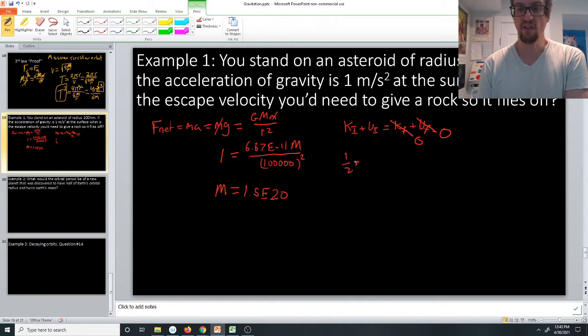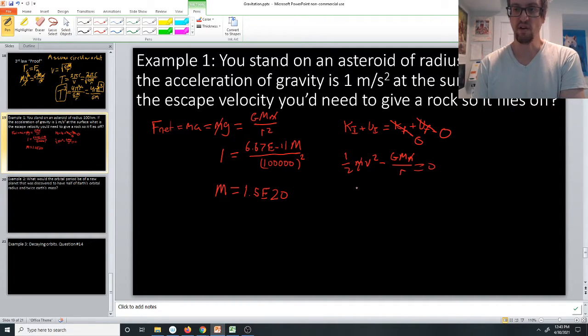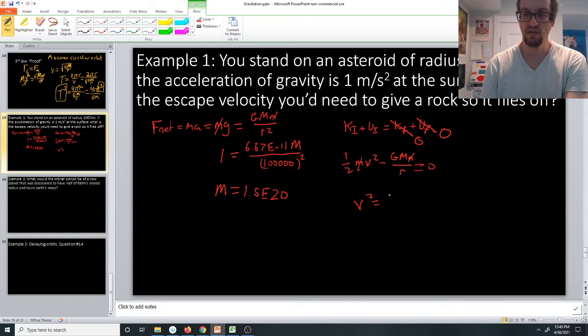So I have 1/2 mv squared minus GMm over r equals 0. Again, the mass of my rock cancels out, which is good because I don't give you that information. So now I've got v squared equals 2GM over r.